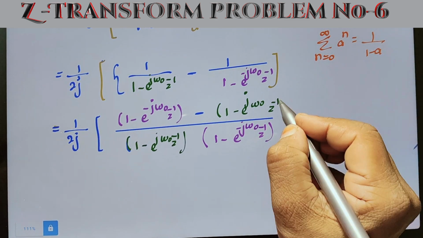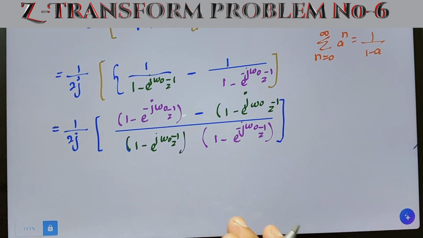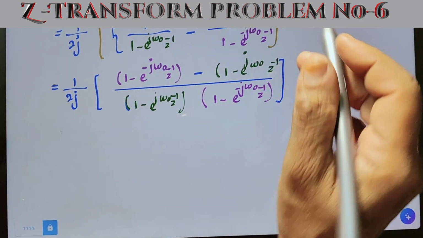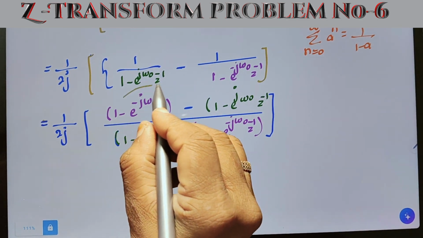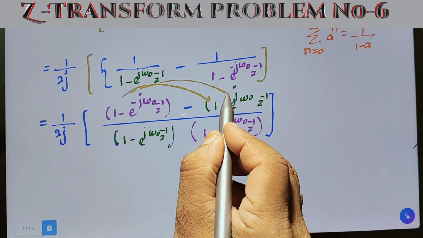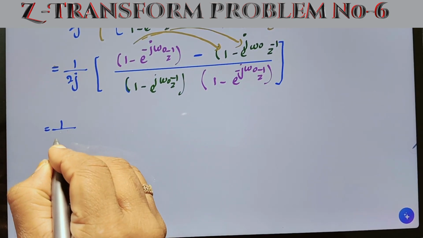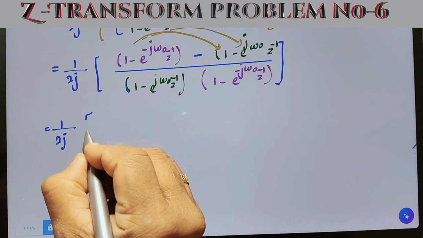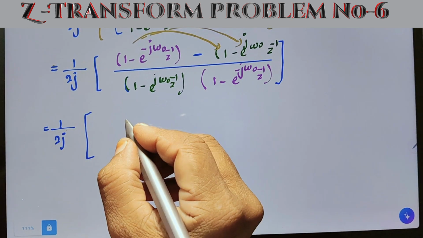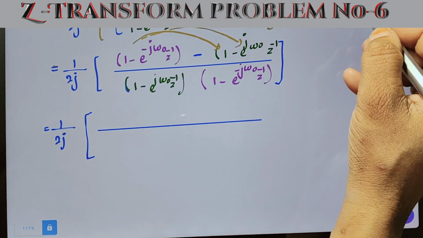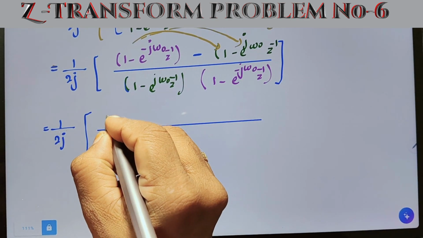Then close the bracket. Next, multiply inside each and every term, 1 into 1 and 1 into this term. The next step: 1 by 2j, then open the bracket, for the numerator term 1 into 1, so 1.